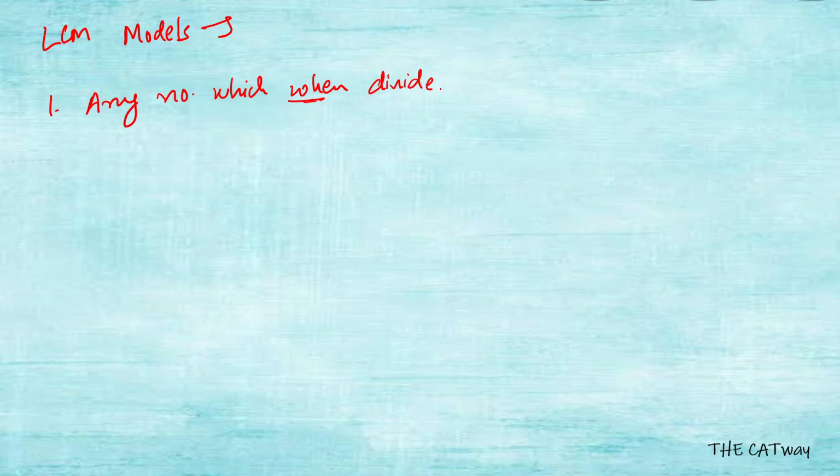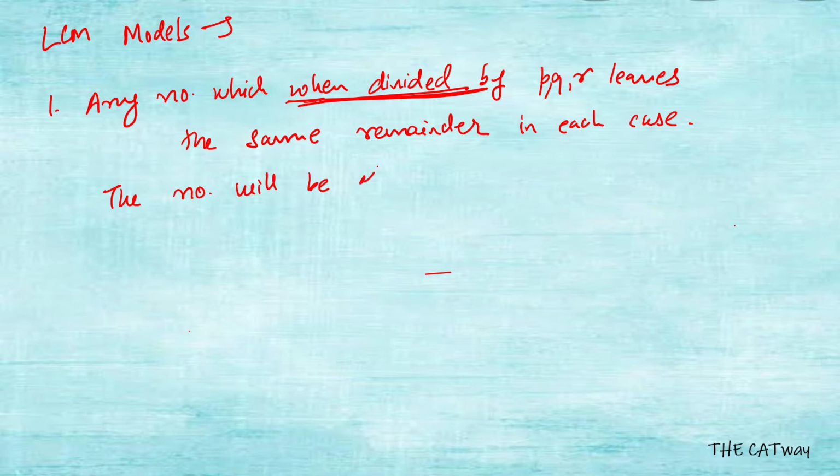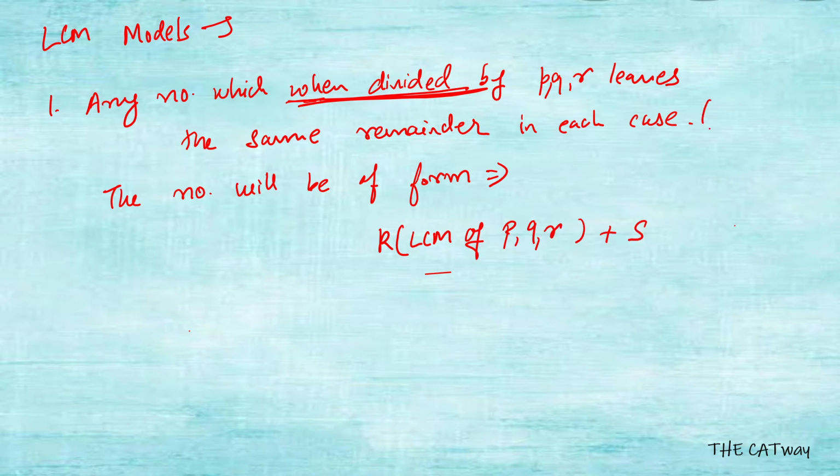Okay, LCM models. The first one says that any number which, remember the word, when divided by P, Q and R leaves the same remainder in each case, the number will be of the form K into LCM of P, Q and R, plus S. Let's say S was the value of the same remainder.